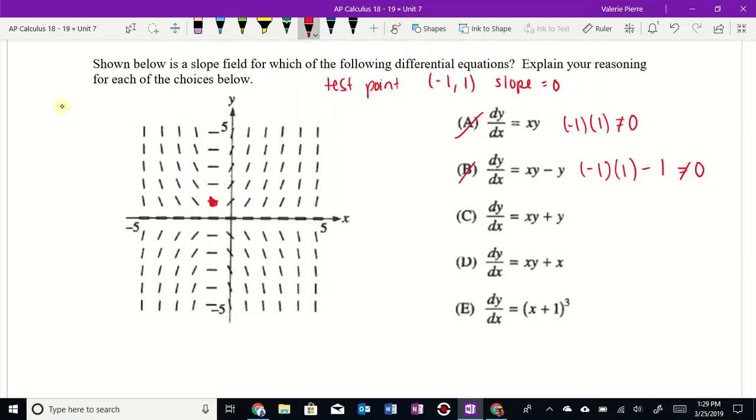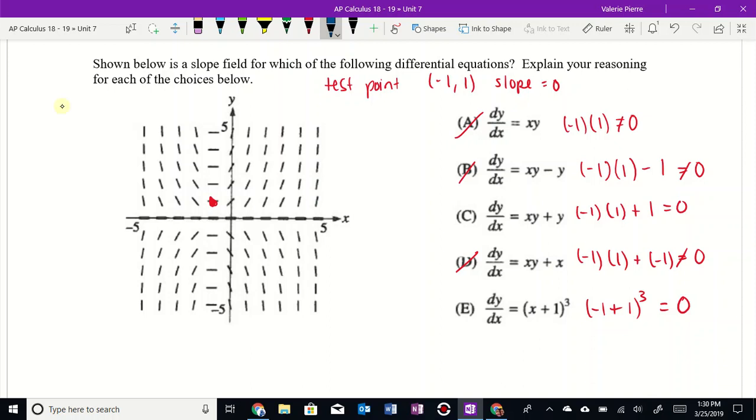C, I have -1 times 1 plus 1, which does equal 0, so that's a possibility. For D, I have -1 times 1 plus -1, which does not equal 0. And then for E, I have -1 plus 1 cubed, which does equal 0. So C and E are possible solutions.